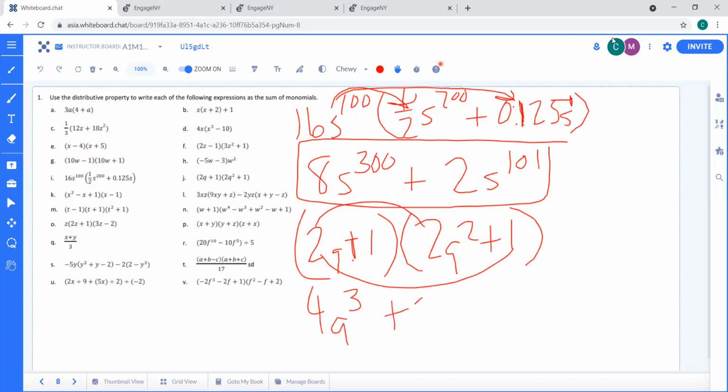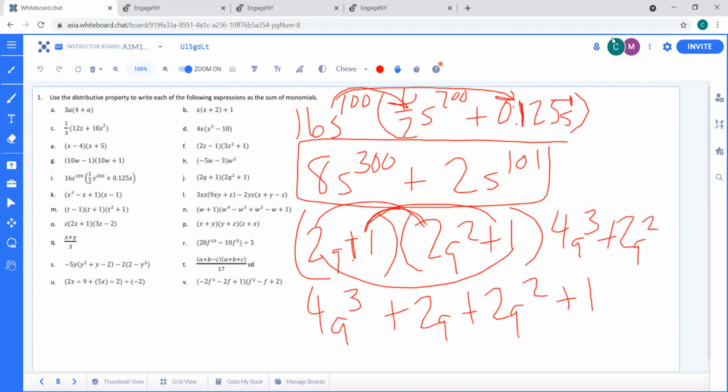Outer would be plus 2q. Inner is going to be plus 2q squared. The last is going to be plus 1. So to write that in standard form, it would be 4q cubed plus 2q squared plus 2q plus 1.